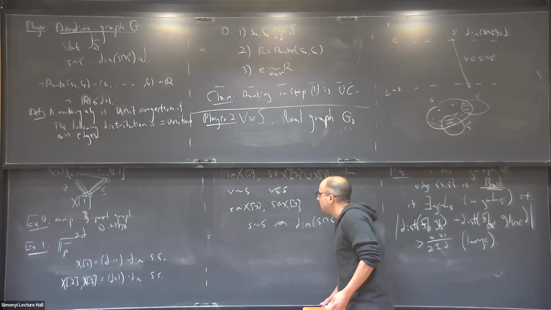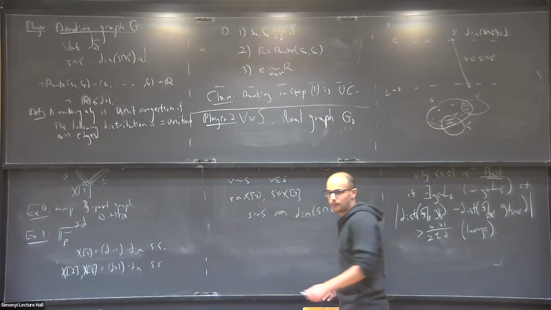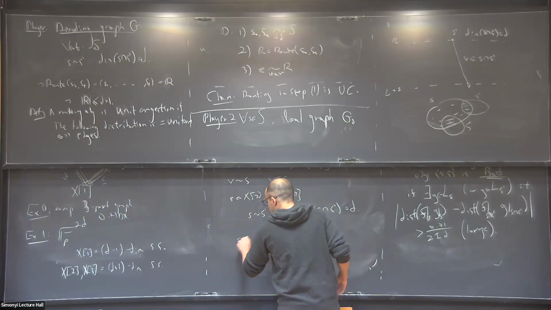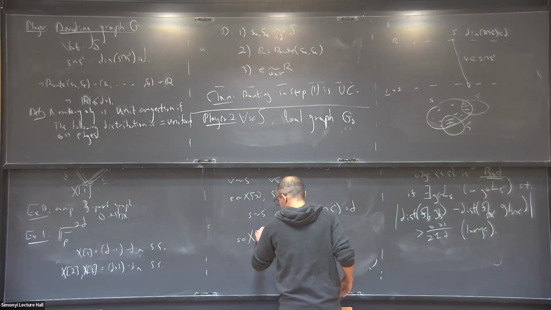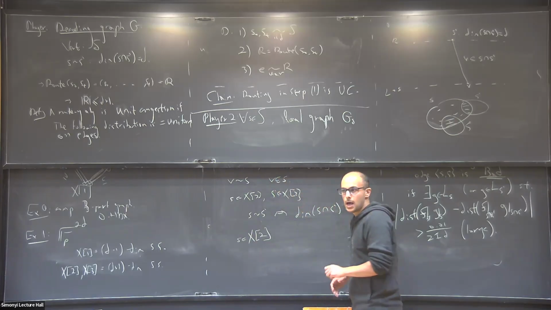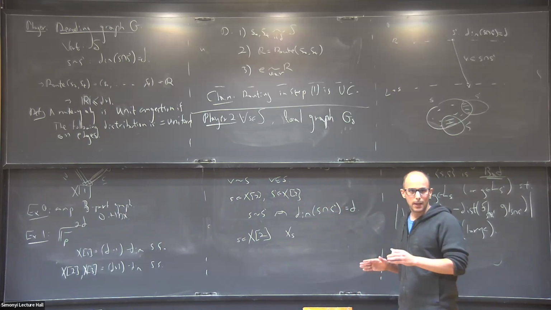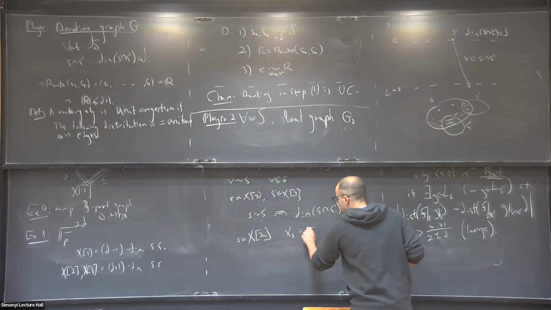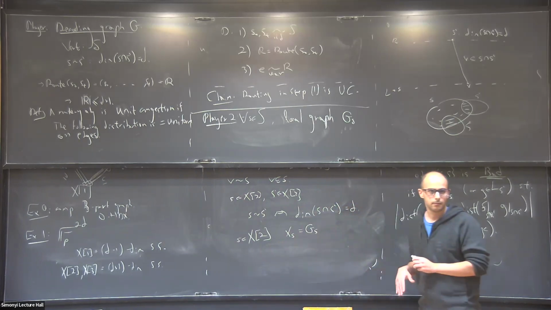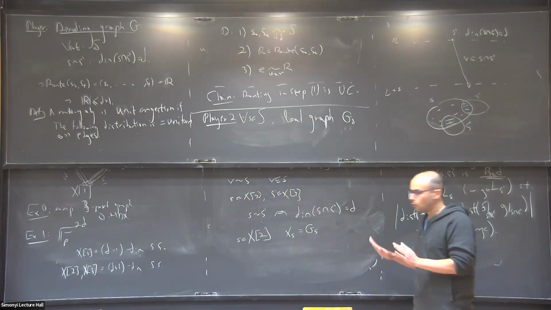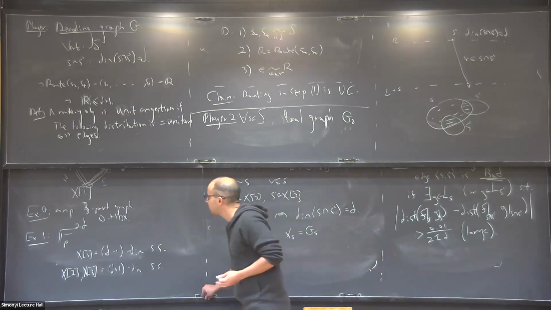One other thing that I may want to say on this example is that if, for example, I take S in x2 and I look at its neighborhood, then just by definition, this will just be the local graph. Why is this? Really, it's just from the definition.